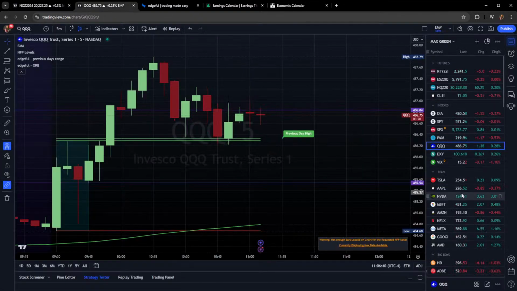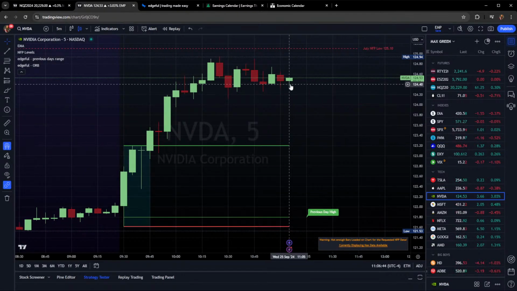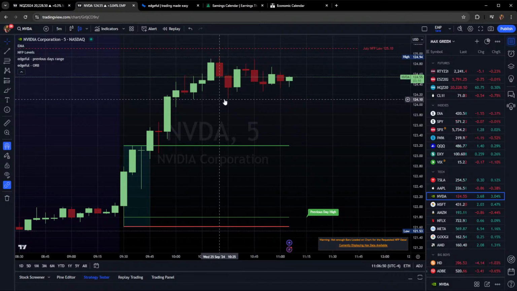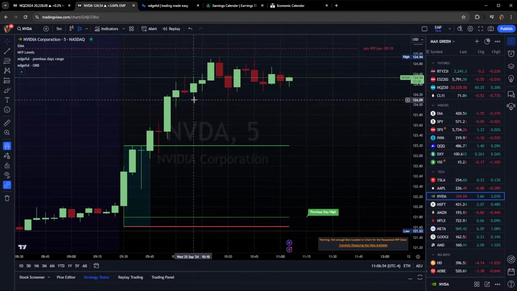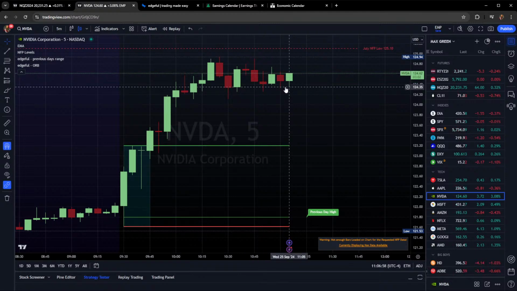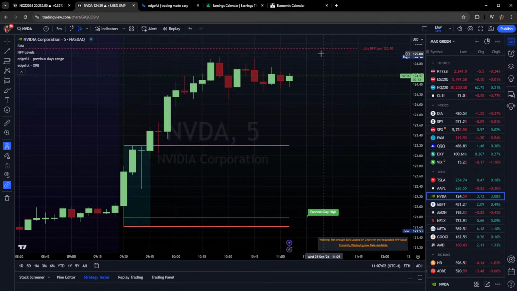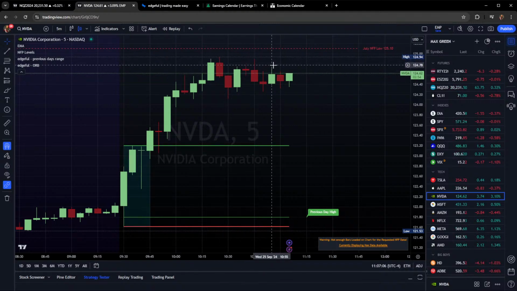And we can't forget about this right here. Look at this, higher low, higher low, higher low, higher lows. NVIDIA probably touches this. Lower high, slightly lower high.